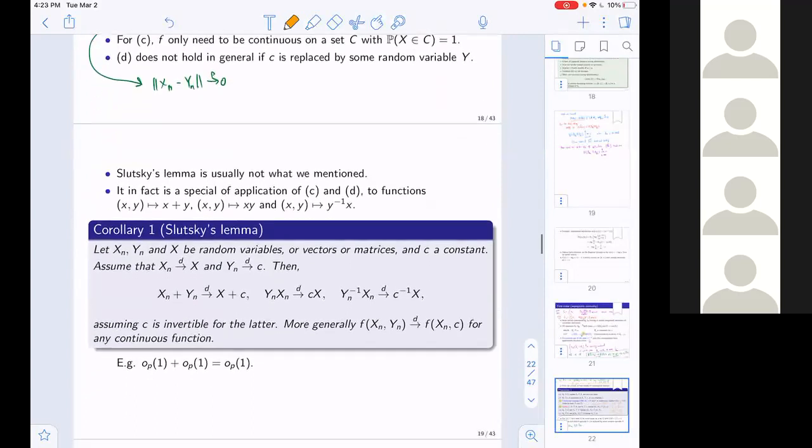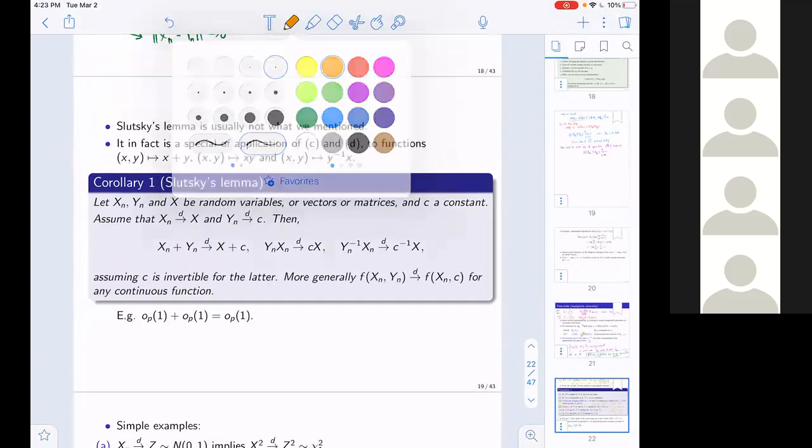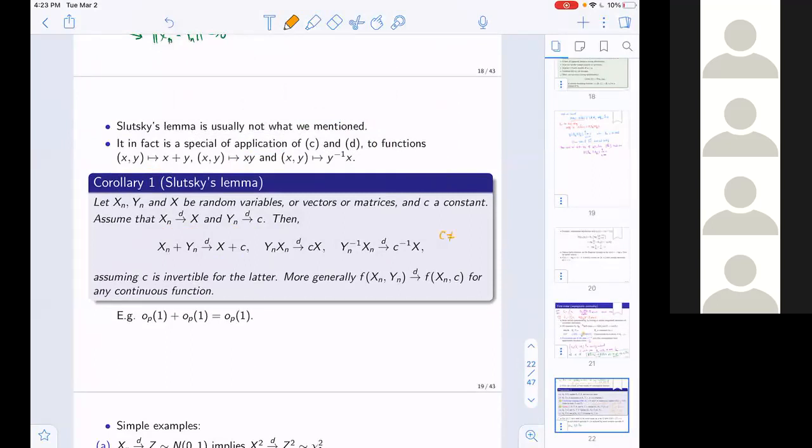So you apply these continuous functions to the limit in part D, and you conclude that if xn converges in distribution to x, and yn converges in distribution to a constant, then these statements hold. And for the last one, I need the limit to be non-zero, so c has to be non-zero.